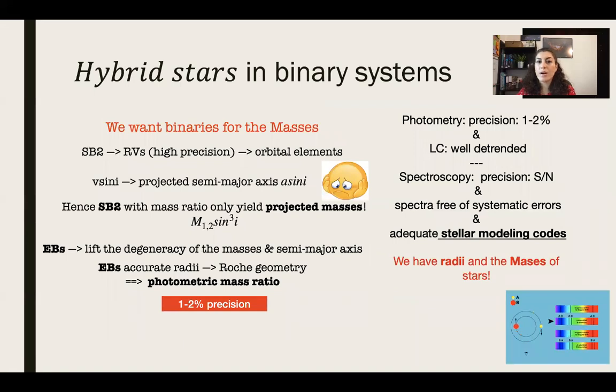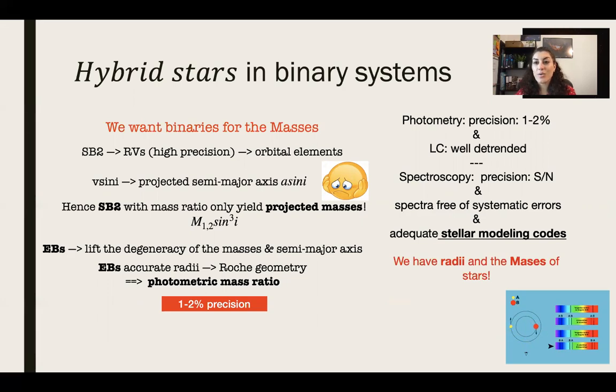I care about binary stars and the pulsations of the stars that are in binary systems, because binary systems are very important. The main important thing about them is that we, as astrophysicists, are always interested in deriving very precise masses for stars, because that is the parameter that can tell us about the evolution of the star and its structure.